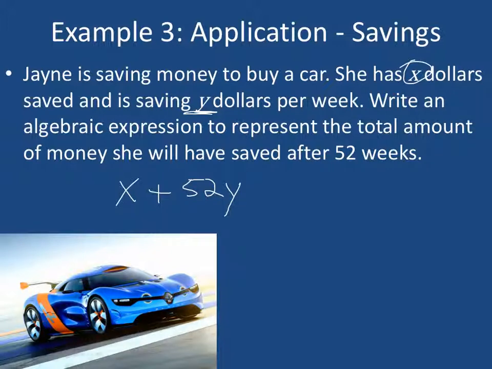So 52 weeks times how much she saves per week added to how much she already has, this will be the algebraic expression to represent how much she'll save after 52 weeks towards her brand new car. And wouldn't you like a car like that?